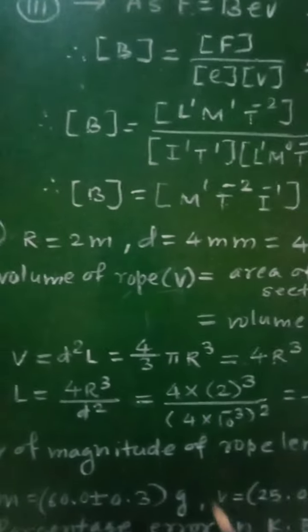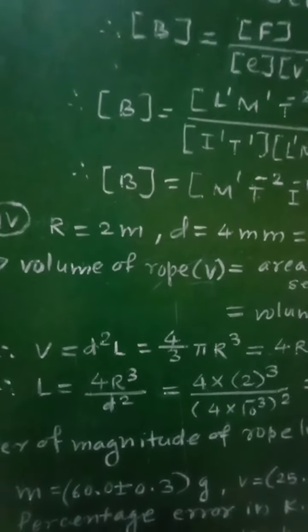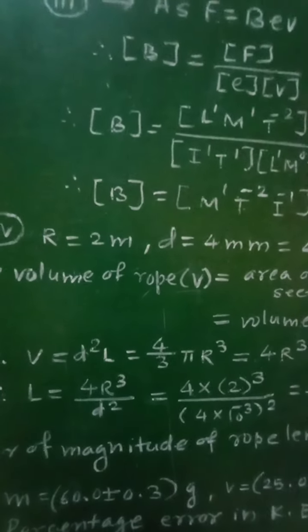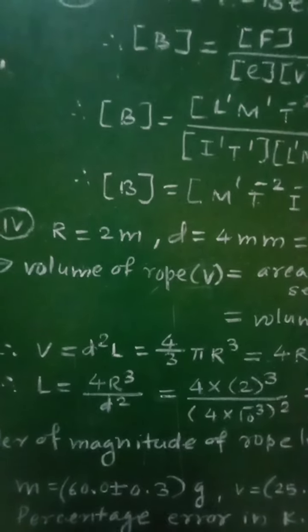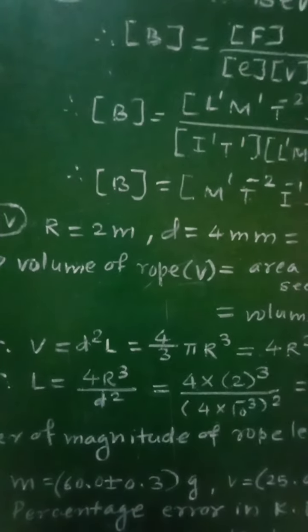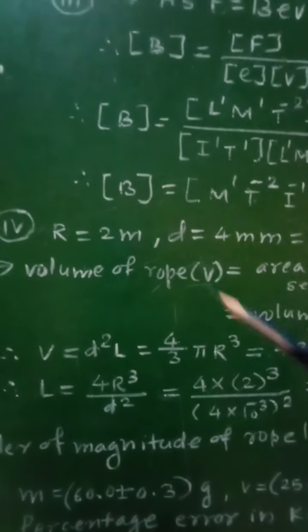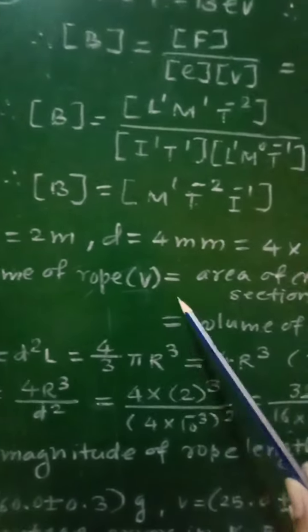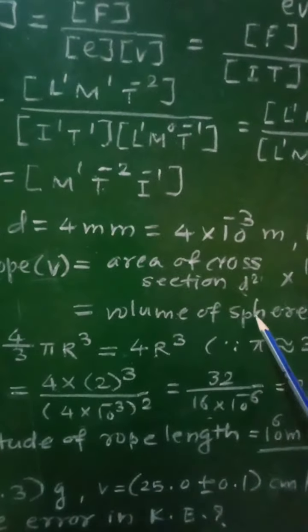And therefore, as that ball is made up of a rope, in this case the volume of the rope must be equal to volume of the ball neglecting air gaps, and therefore we can write volume of rope must be equal to volume of that sphere.